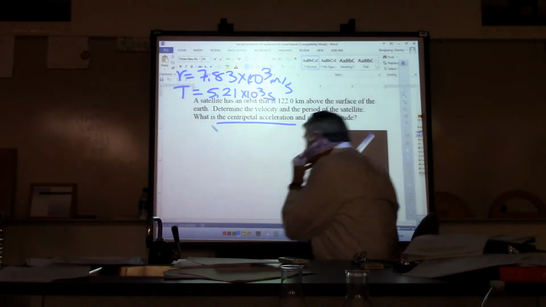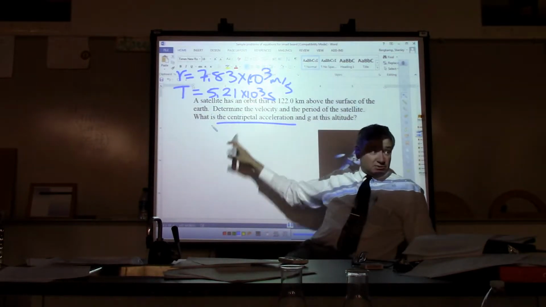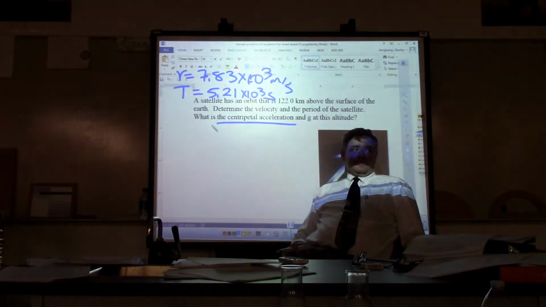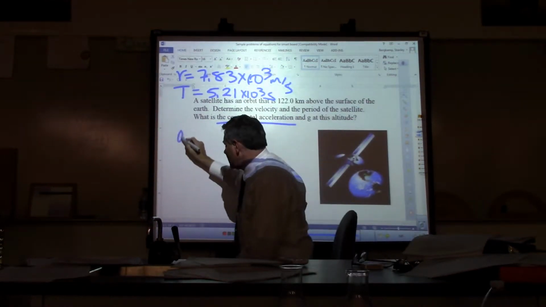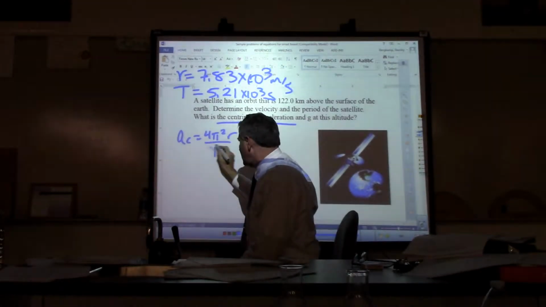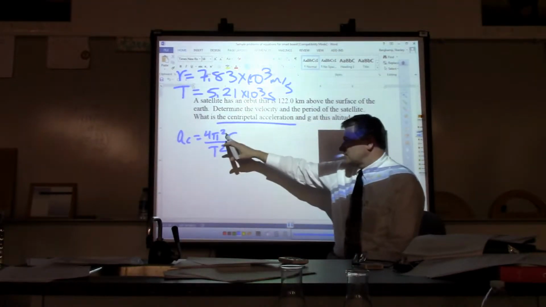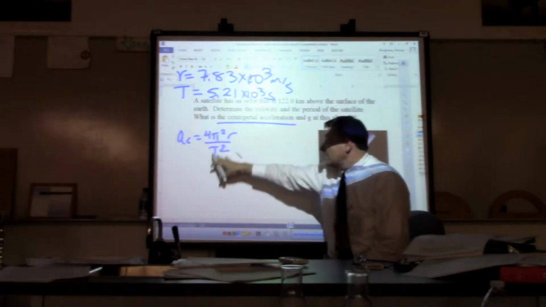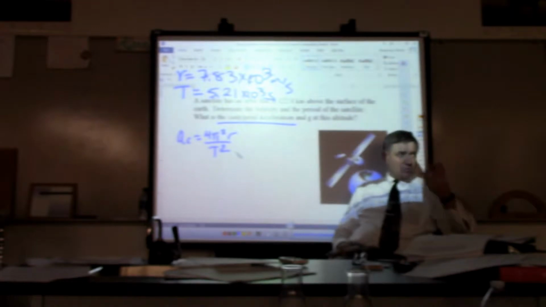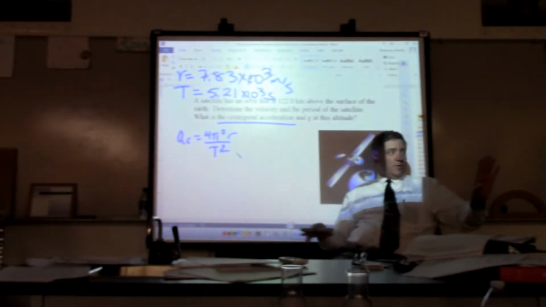There's a couple of different ways that I can get the centripetal acceleration. One option is 4 pi squared r over t squared. I'm going to use the exact same radius that I had, and now I've got the value of t. If you like that, go with that.